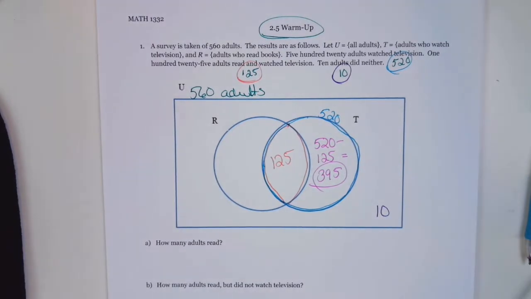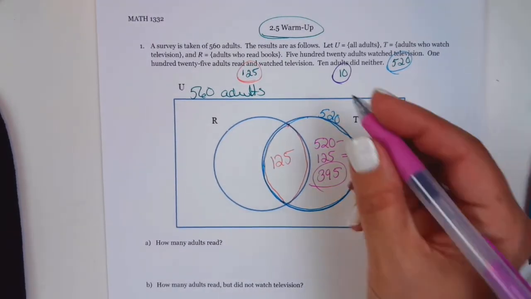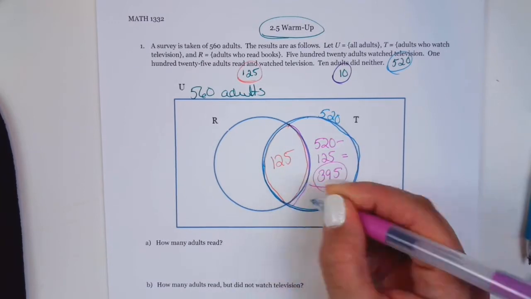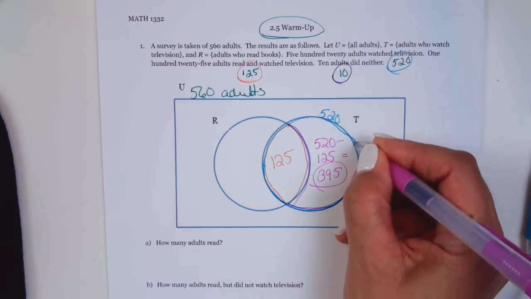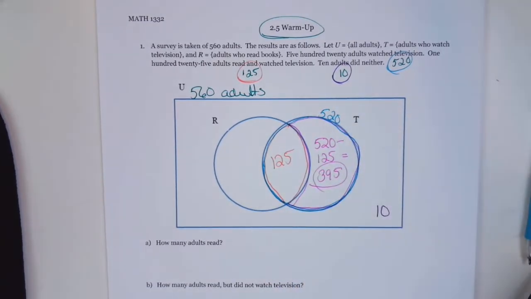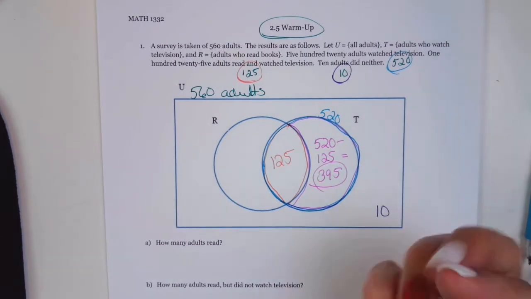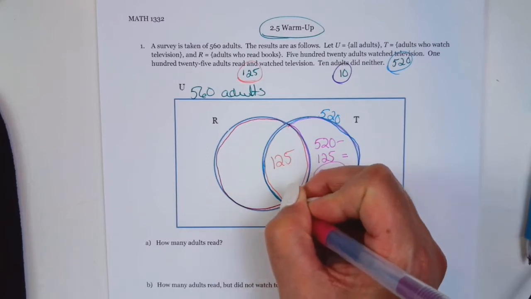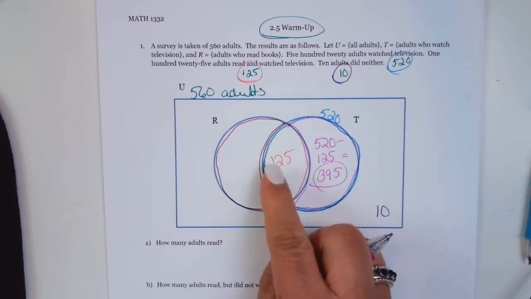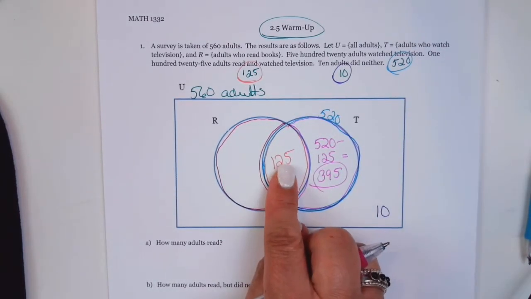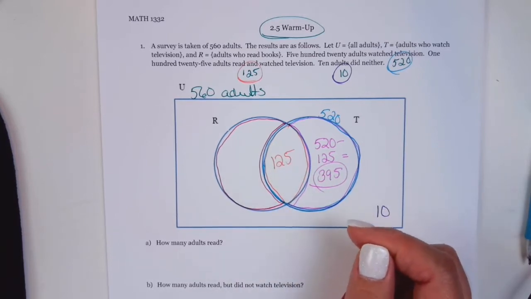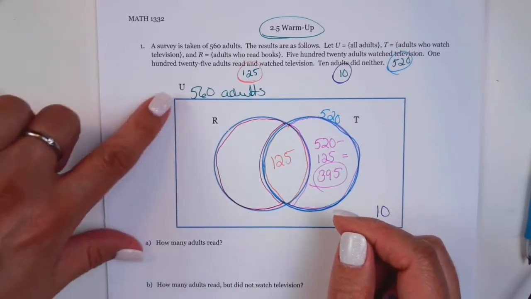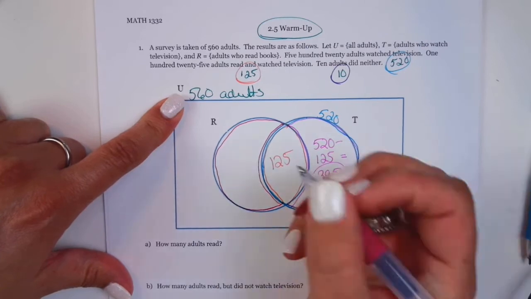So this is how many only watched TV. Next we need to figure out how many only read, the ones that did not watch TV. We know that we have a total of 560.